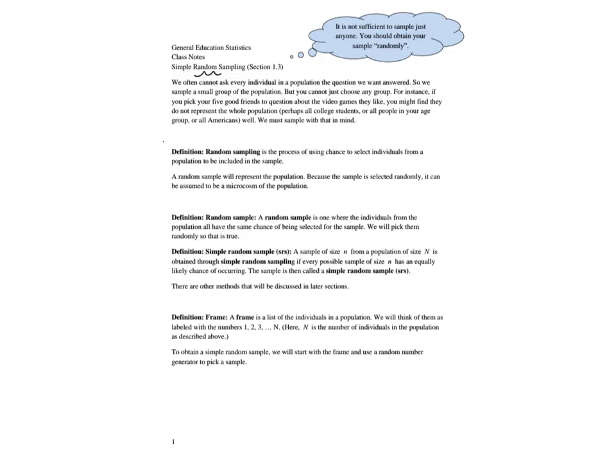So, the definition of random sampling is simply a process of using chance to select individuals to be in the sample that creates a random sample. Now, it is true, because samples are selected randomly, we are going to assume that it is a microcosm, or smaller but similar portion of the population.